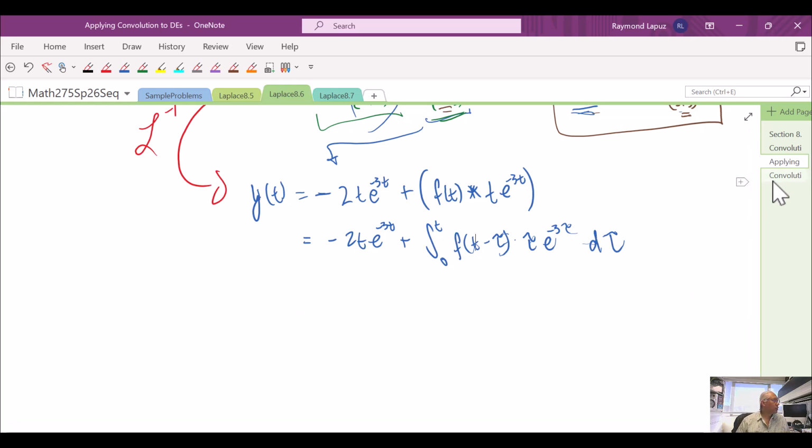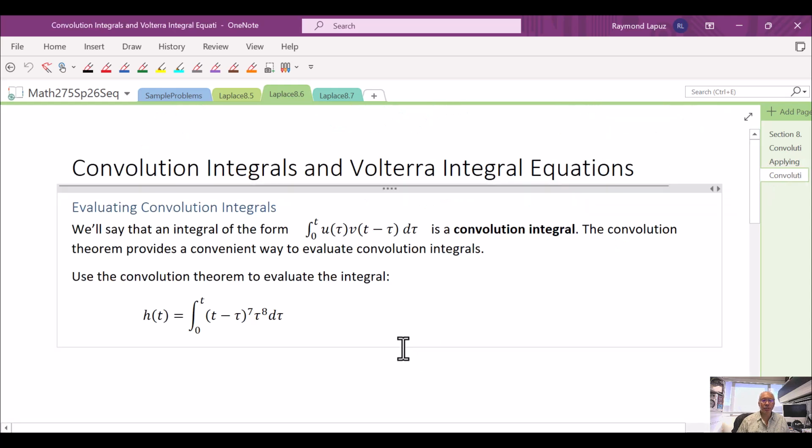There's a couple more convolution integrals and the Volterra integral equation. So let's do a couple more quick problems here. This integral that we've been seeing is called the convolution integral, and the theorem provides a convenient way to evaluate these integrals. So here is your example.